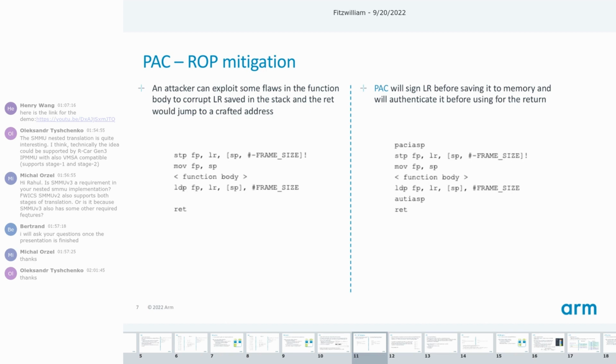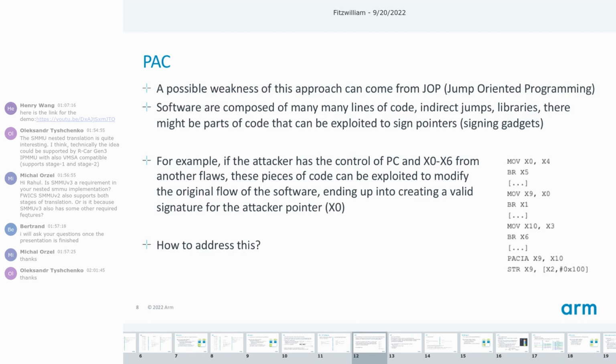But is it enough for the security of our pointers? Probably not, because another weakness comes from another class of attack called jump-oriented programming, and this kind of attack exploits the fact that software is composed of many lines of code and libraries, so it's full of indirect branches, and the attacker can modify the software flow to glue together pieces of code.